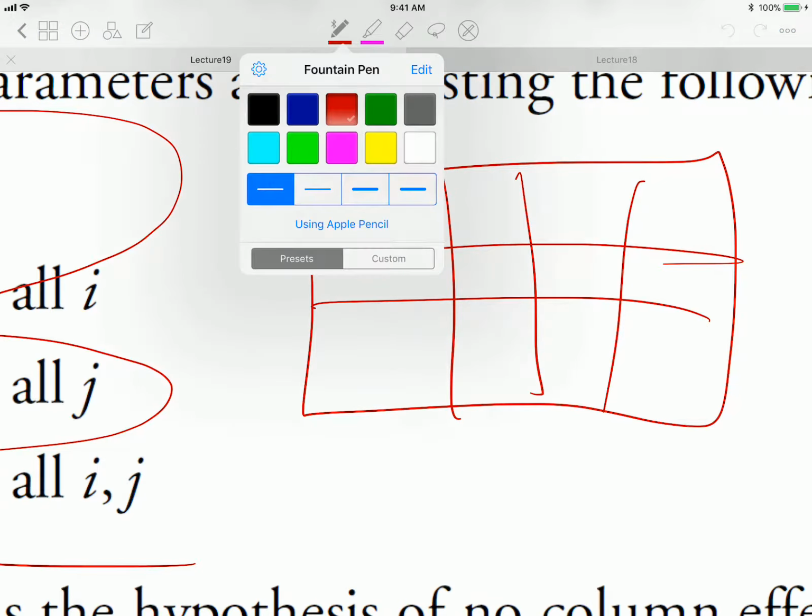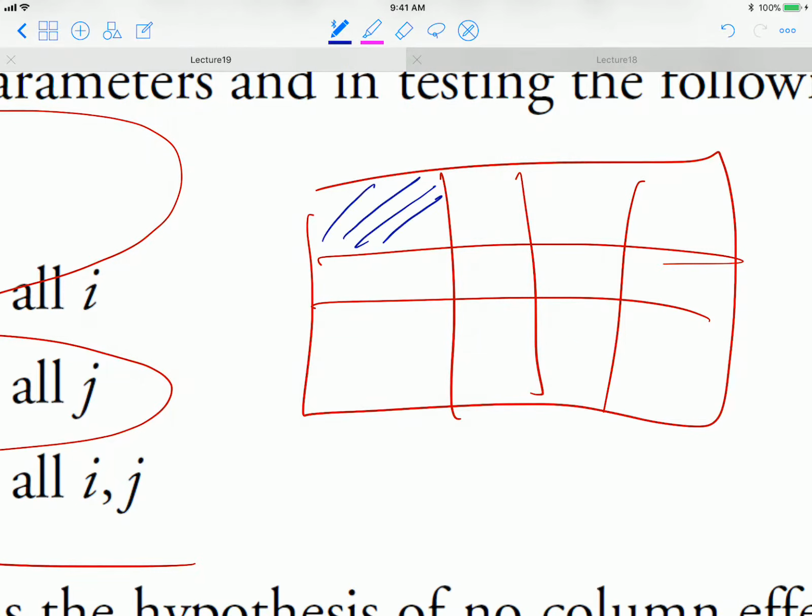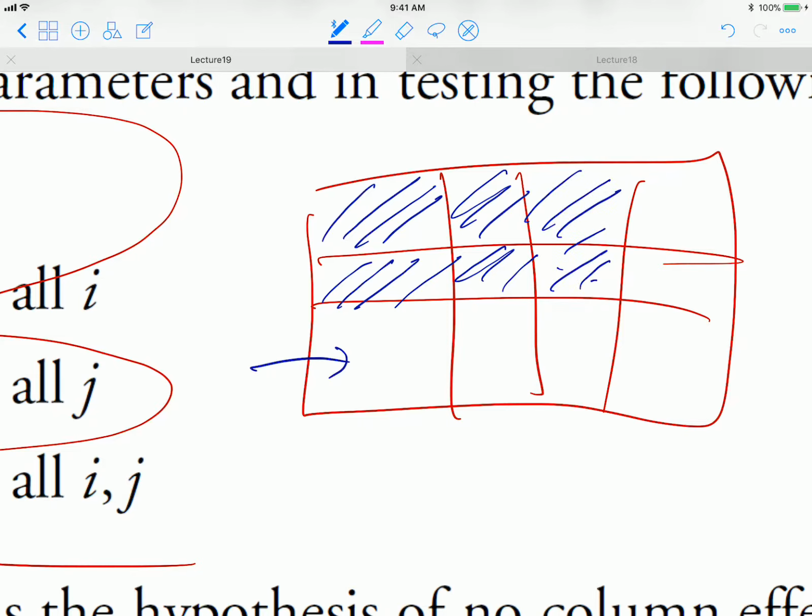We estimated this value and this value, and then this one. What about this one? It is automatically determined, so it doesn't contribute to the actual parameters to estimate. And then we automatically fill these 3 up.